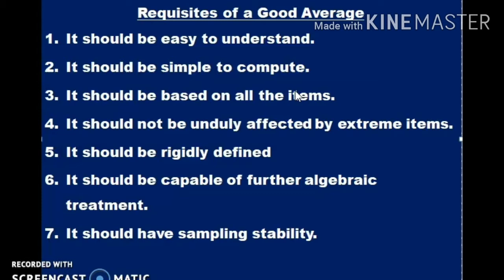For example, if it is about the age of students in a class, and the class has a maximum number at 13 or 14 years for class 9, we have to consider all the items that we are getting, that is, ages with almost equal values.